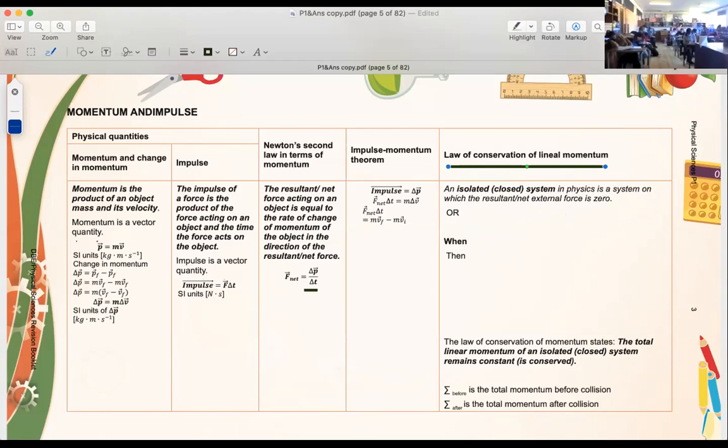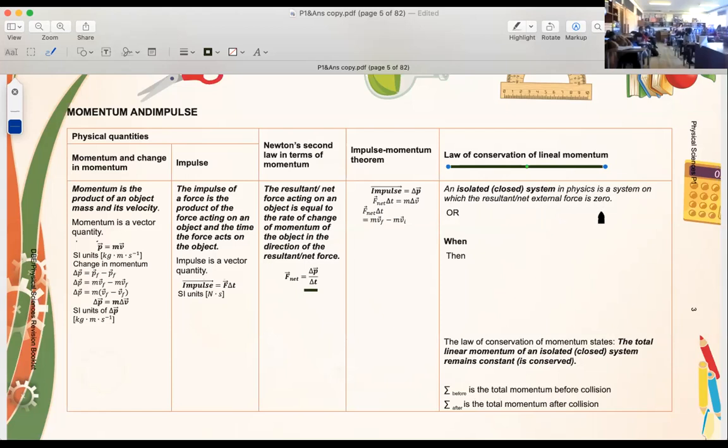Do you remember that problem on change of work as that block slid down the slope? Remember there was an external force of friction. So that's why they said the external force was not zero. It wasn't an isolated system because there was an external force of friction.